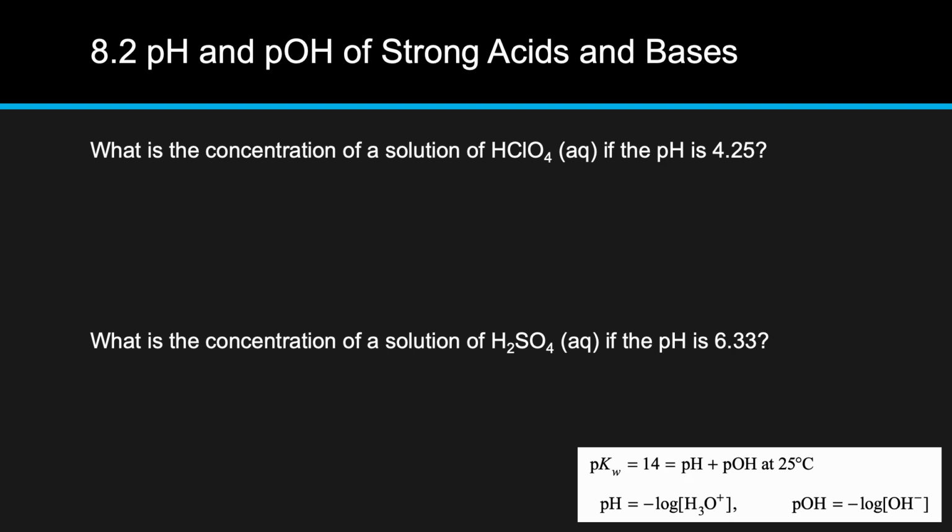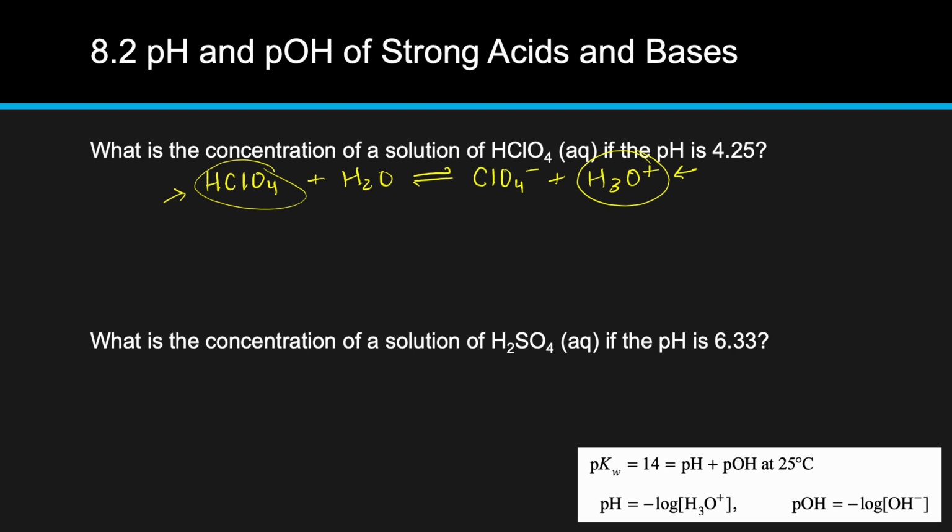If we mix HClO4 with water, because it's a strong acid, it's going to fully dissociate into ClO4- and H3O+. Because this is a 1-to-1 ratio, if we can find the concentration of our hydronium ions, that's going to be the same concentration as HClO4, which is what we're solving for.